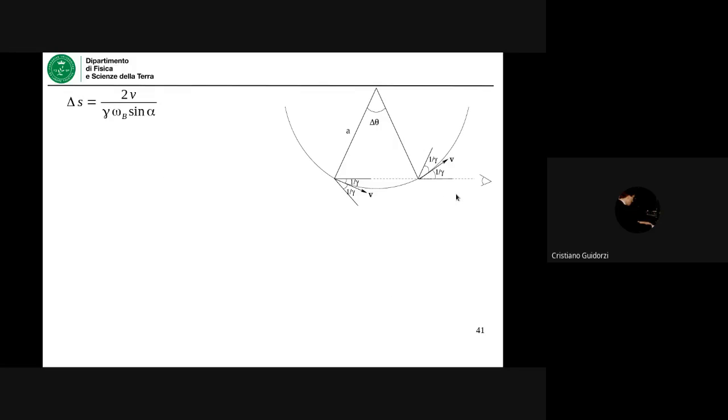Here I just copied what I already obtained. So I know delta S, the path that has to be traveled by photon 1 but not by photon 2, because when photon 2 is emitted, the electron has already moved here. So now the goal is to derive the time interval between the arrival time of photon 1 and the arrival time of photon 2, which is exactly what you measure as an observer.